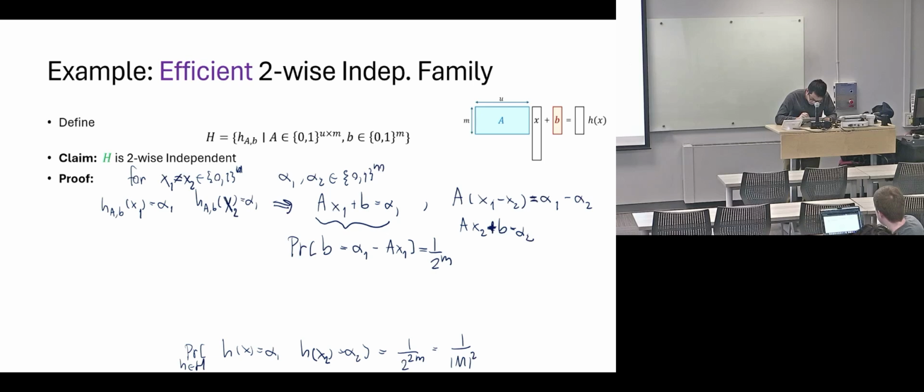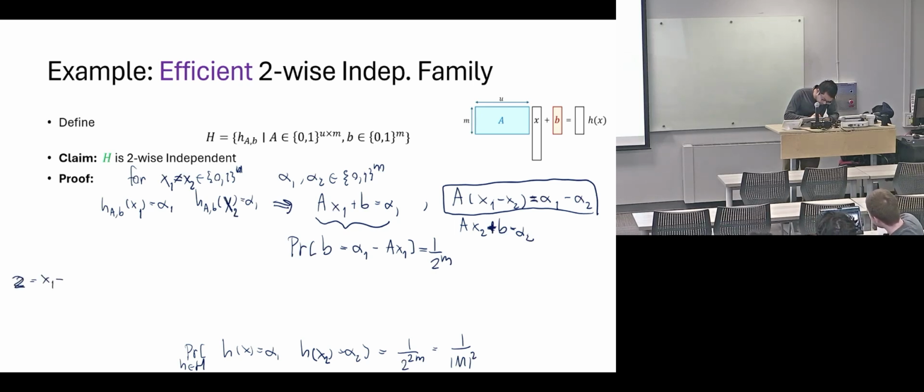What about this event? To look at this event, let's define c to be x1 minus x2. Note that x1 is not equal to x2, so there must exist some entry such that c_i is 1, because x1 and x2 are not the same.